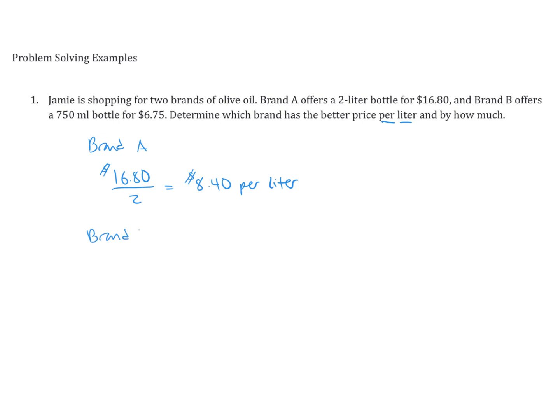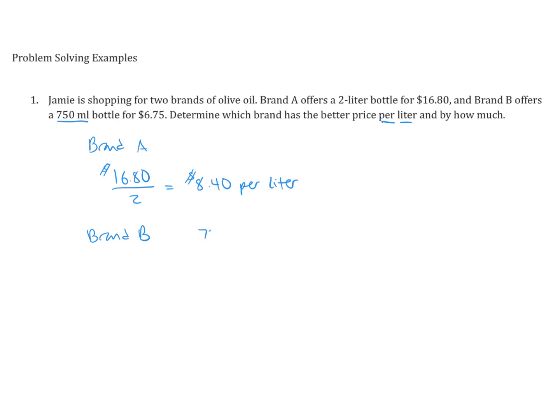Brand B is a little trickier because you might have noticed that the units were given in milliliters instead of liters. So I can't find the price per liter unless I convert that to liters. Now, milli, whenever we see millimeter, milliliter, that stands for 1,000. There are 1,000 milliliters in a liter.